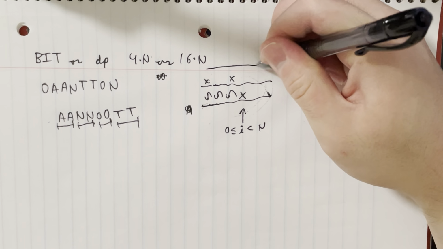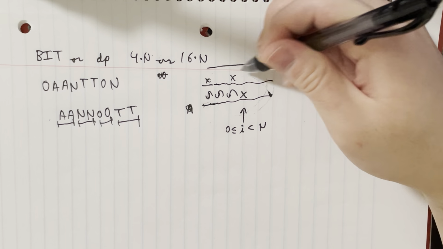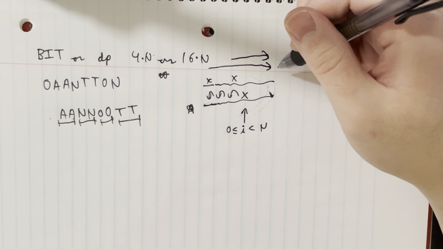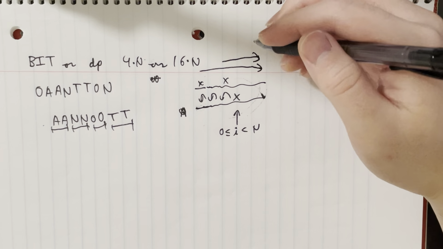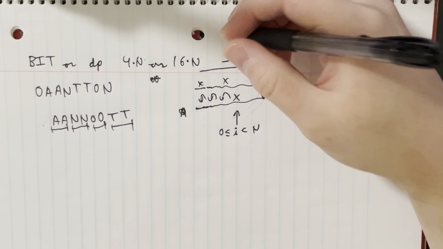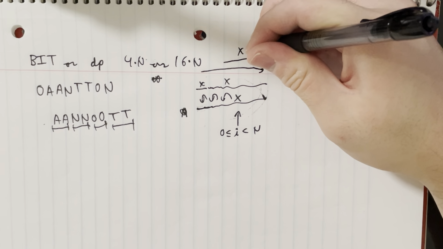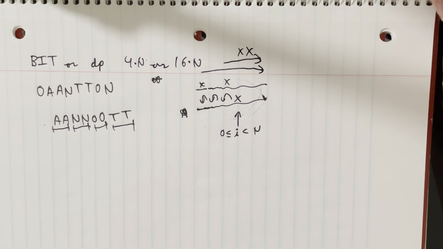This distance over here is a maximum distance that this can cover, and this over here is a maximum amount of distance that this can cover. In other words, if our first occurrence of X was over here, then our next occurrence of X would have to follow right after it.